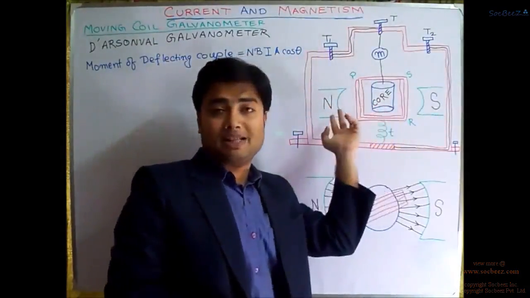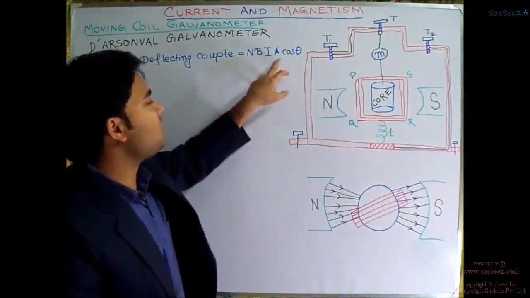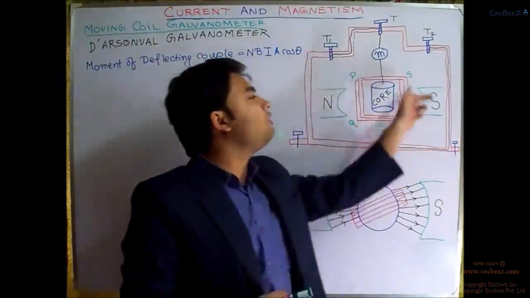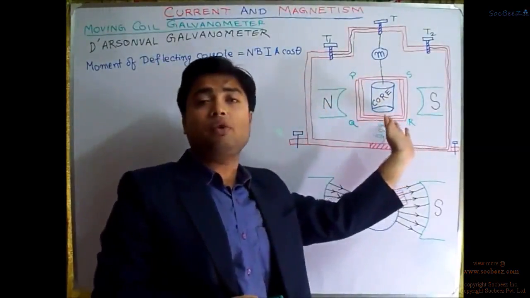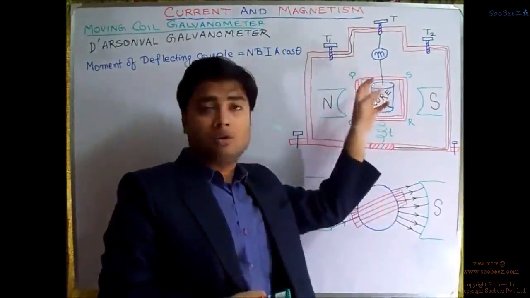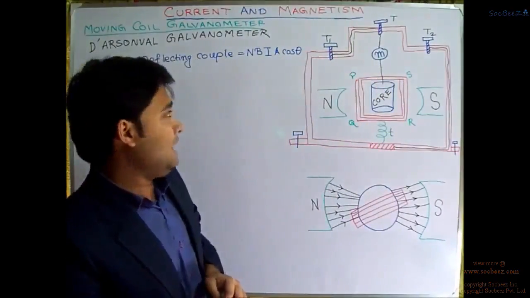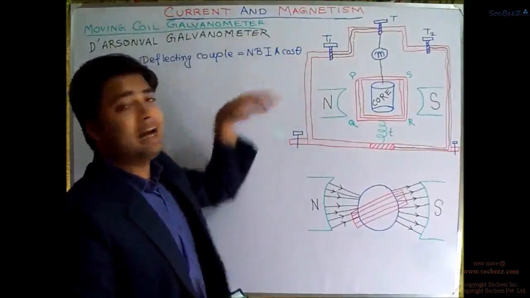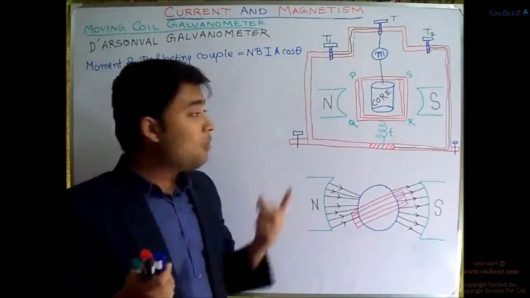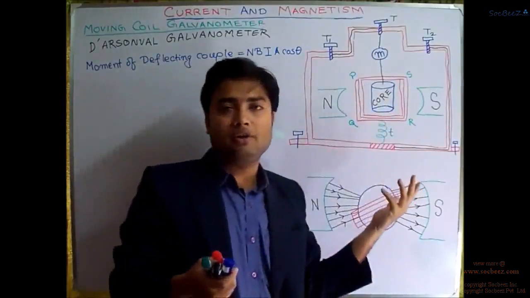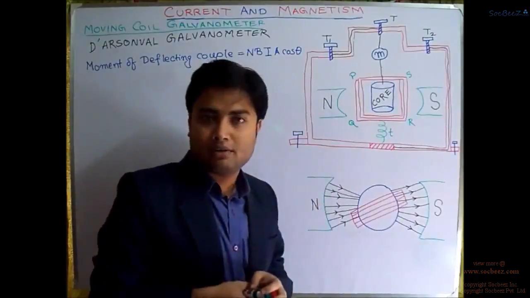The B will be present between the north pole and the south pole of the magnet. We could understand that there is an area of this coil. If this is the length and if this is the breadth, obviously there will be a cross-sectional area, which we can see from over here, right? And yes, we could understand theta later on, but where is I? Where is the current over here? And how could we make the current happen?